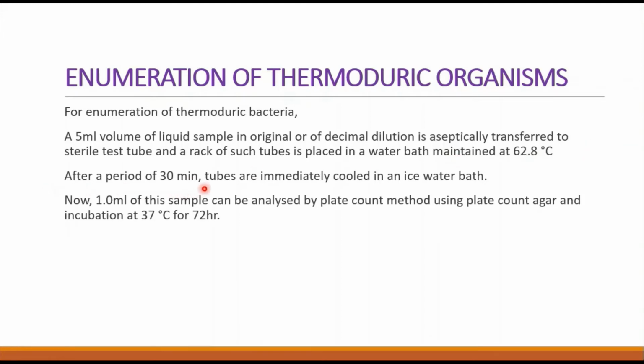After a period of 30 minutes, the tubes are immediately cooled in an ice water bath. Now 1 ml of this sample can be analyzed by the plate count method using plate count agar and incubation at 37 degrees centigrade for 72 hours. After that you can see the growth of the organisms and find how many of them are there, and the ones which grew are nothing but thermoduric bacteria.